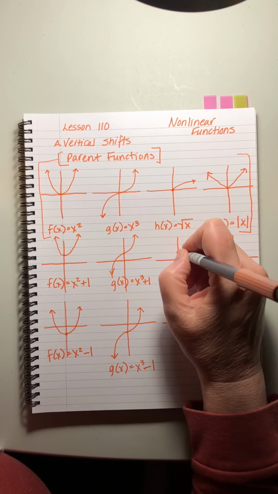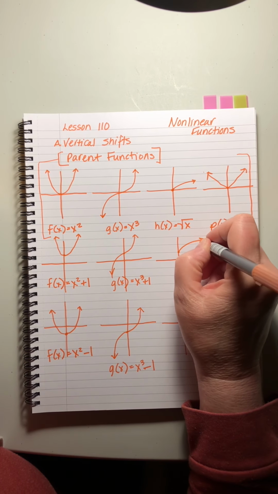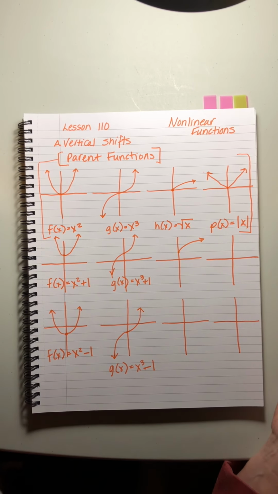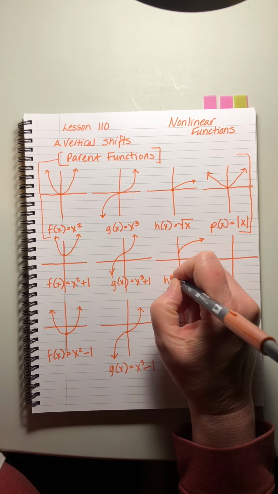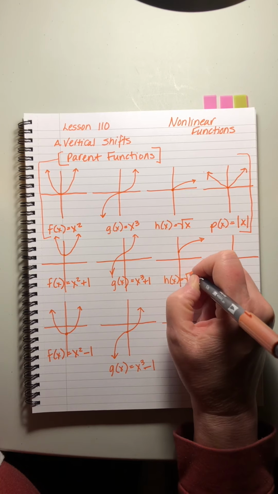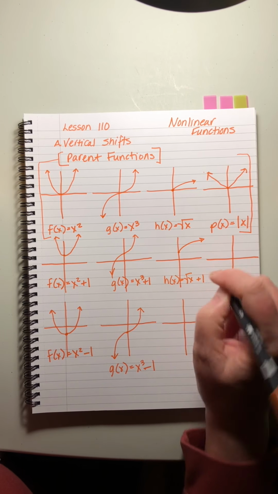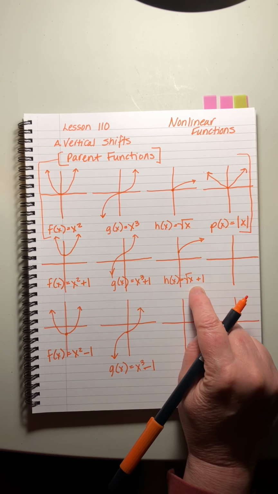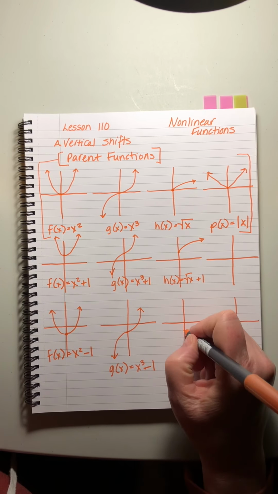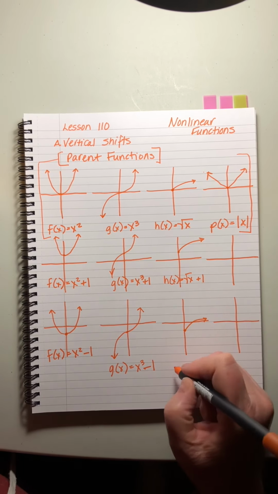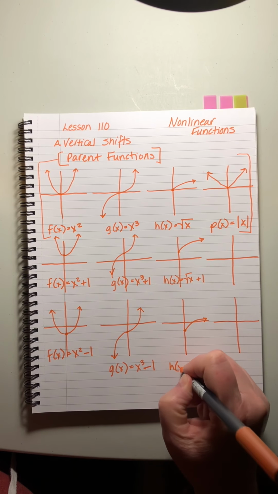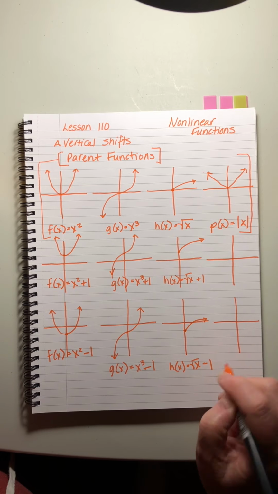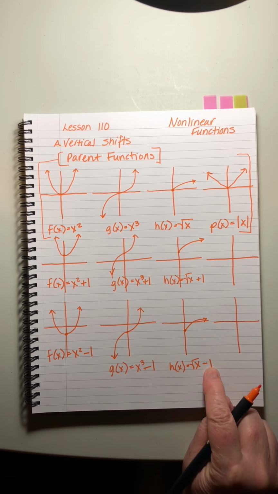Okay, let's do the same thing with our little square root dude. I'm trying to draw them so they look the same, but this is an art project, so it's not exactly the same. h of x equals square root of x plus 1. Notice it's on the outside of the pig house. It's not inside, it's on the outside. And then same thing, we can make it down here. Square root of x minus 1, again, on the outside of the pig house.